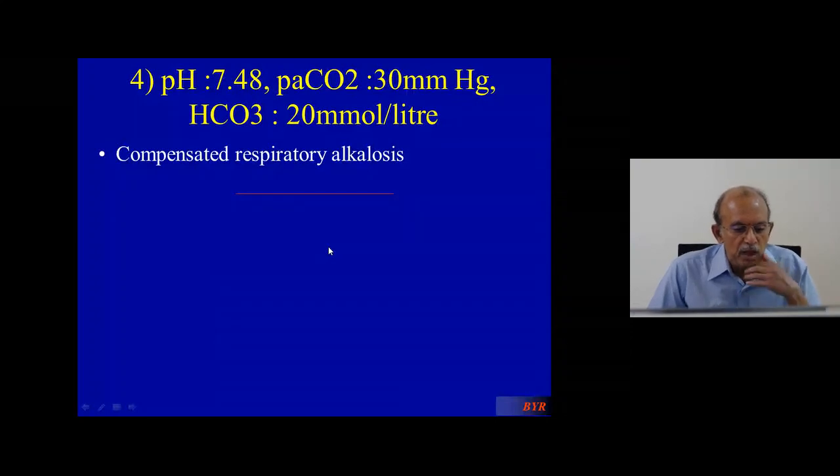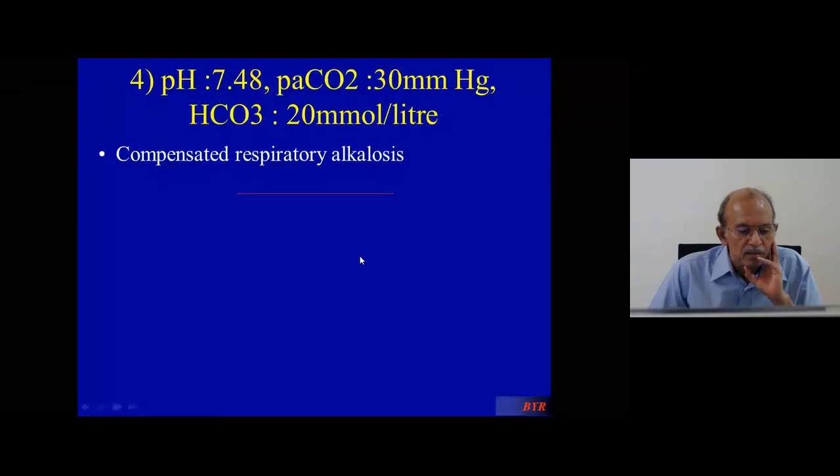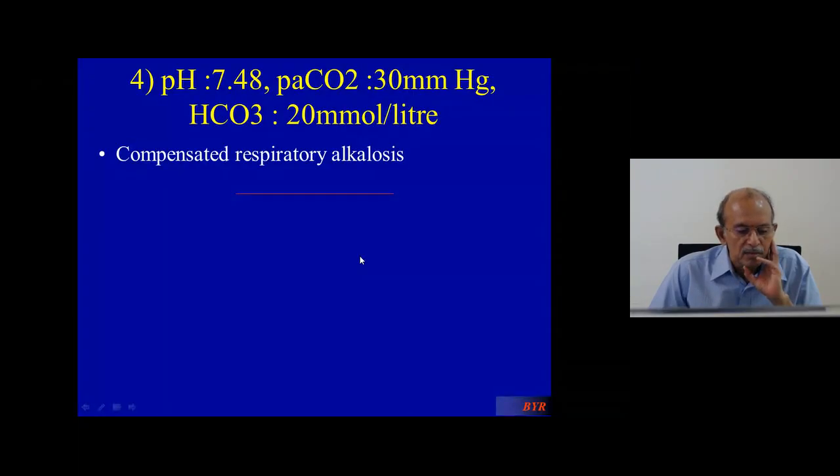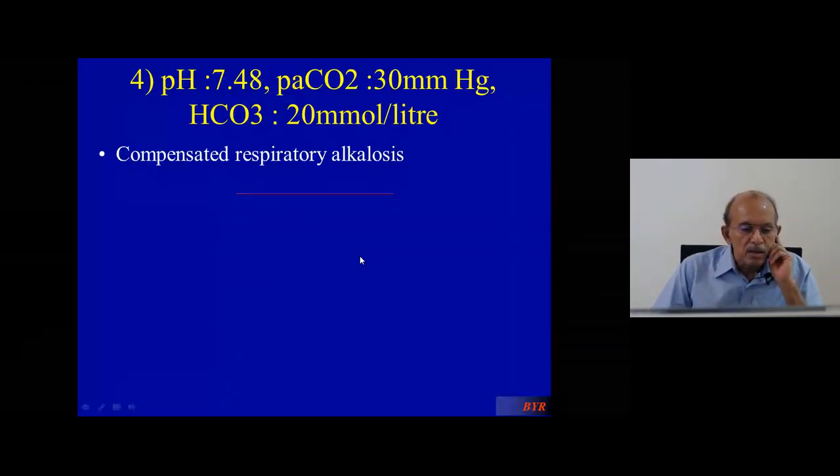Okay, Afshan, you have a doubt. Why can't it be metabolic alkalosis? Let us say it is metabolic alkalosis. Then what will happen to the bicarbonate level? If it is metabolic alkalosis, it should be more.